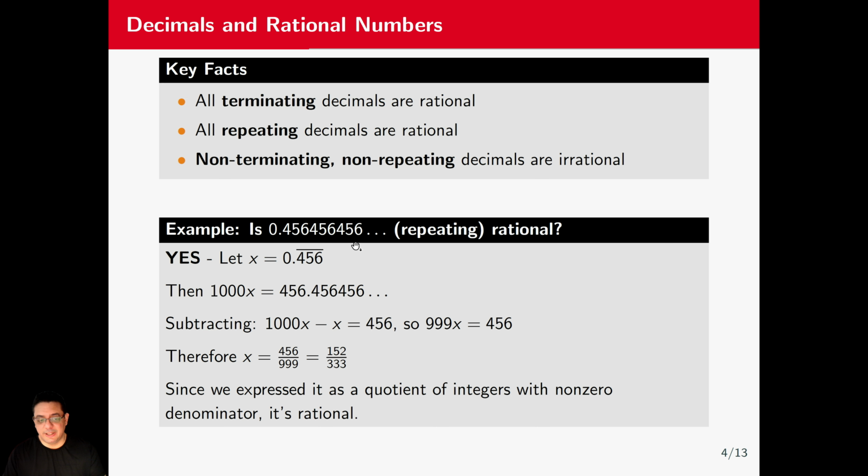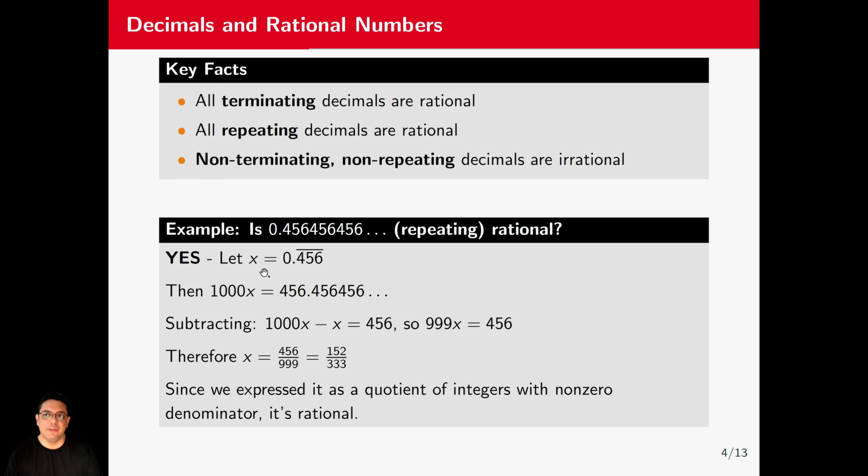So let's give one example of how you find this, and how do you find the fractions that are equivalent to this? So consider the repeating decimal 0.456, 456, 456, 456. You can see this as 0.456 periodic.